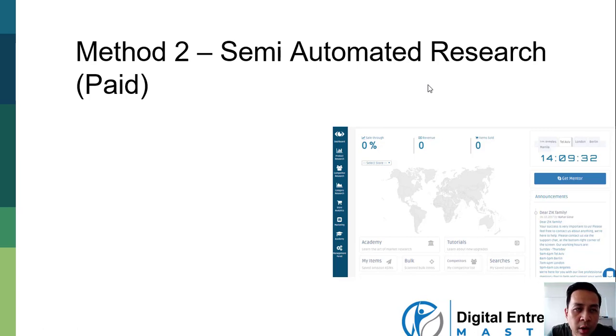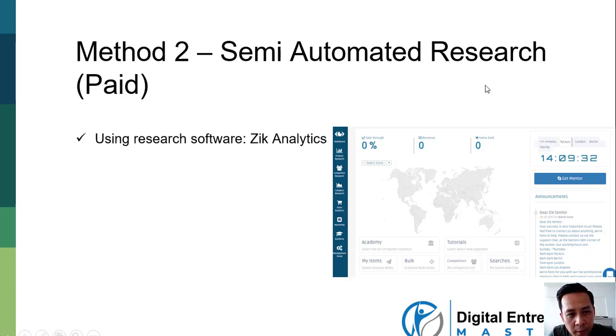This is a paid tool, so every month you need to pay close to $20 in order to use it. Zik Analytics is basically research software that searches through all the different sellers on eBay and compares the price on Amazon with eBay. You need to take note that this tool only compares the price between Amazon and eBay, and you can quickly search for profitable products.